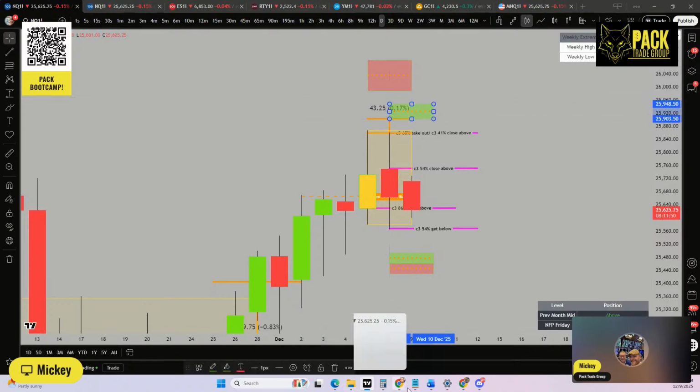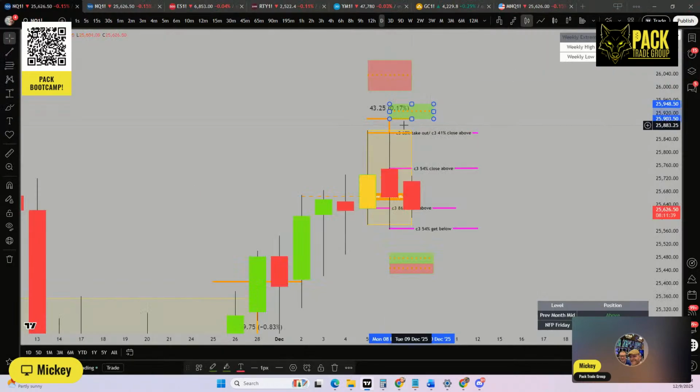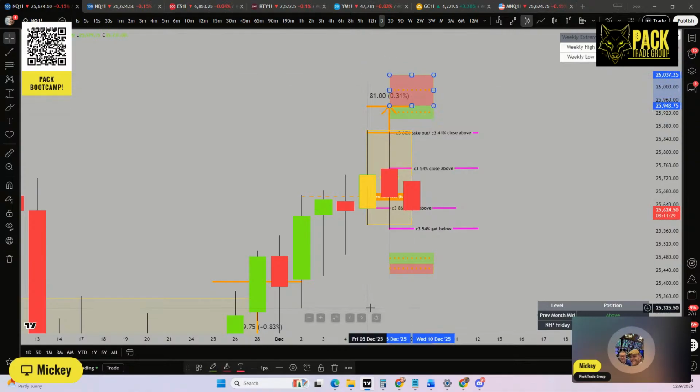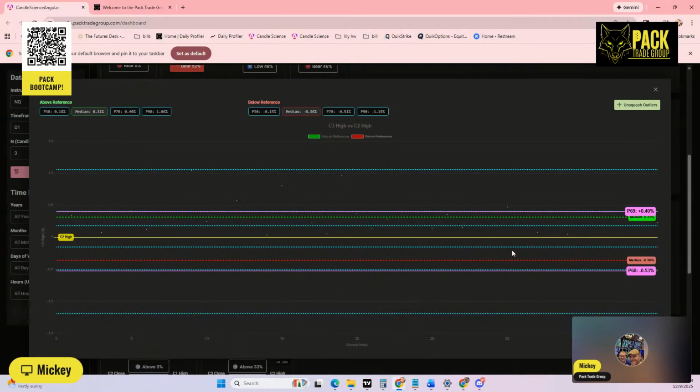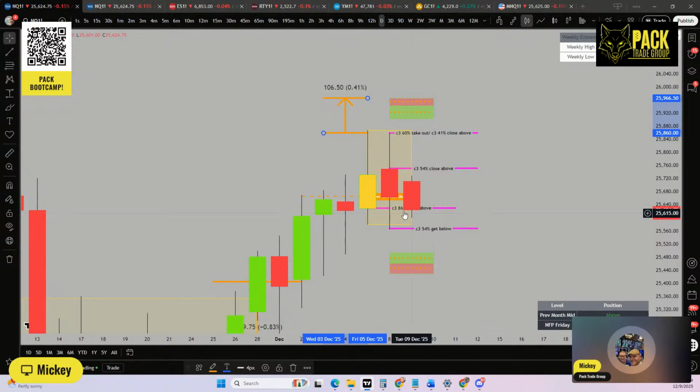The 50th percentile, 0.31 to 0.40. And then the 70th percentile reversal zone is at 0.41. So now we have good realistic targets for once we break either the high or the low, and we just are aware that both are like 50-50.